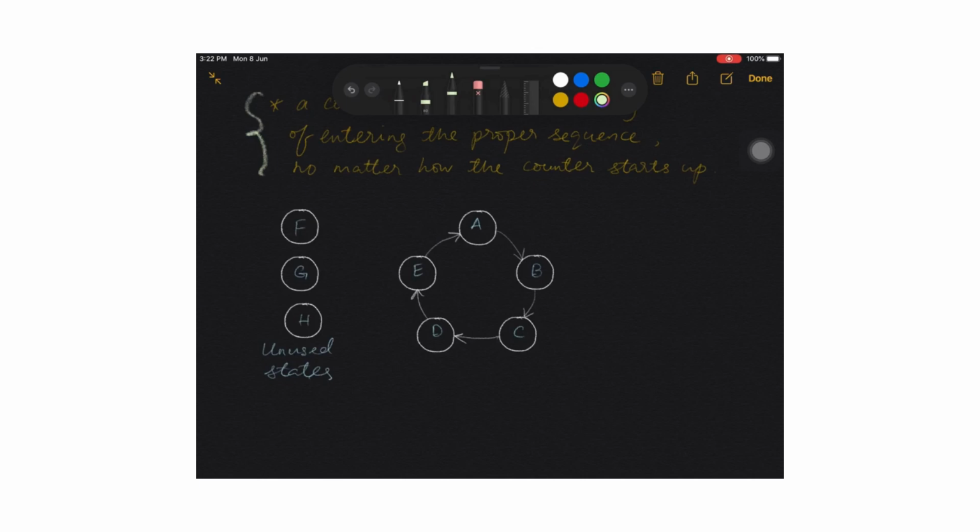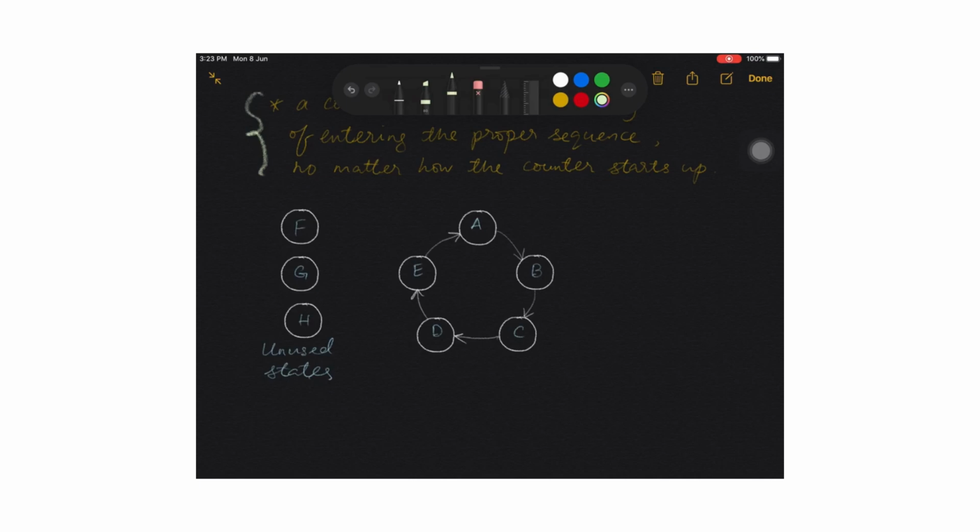Since the reset button is not available, you just let the counter count from that random initial state. That random initial state can be either A, B, C, D, E, or even one of the unused states, F, G, or H.